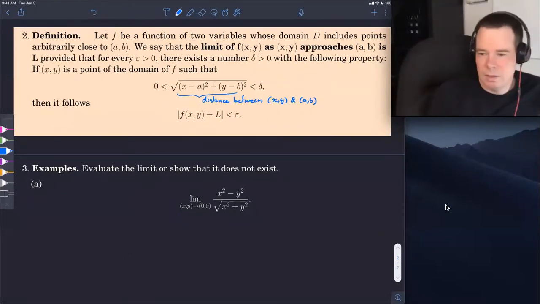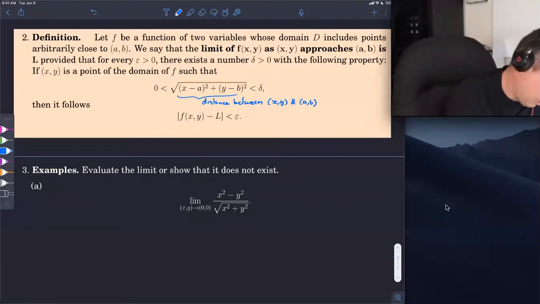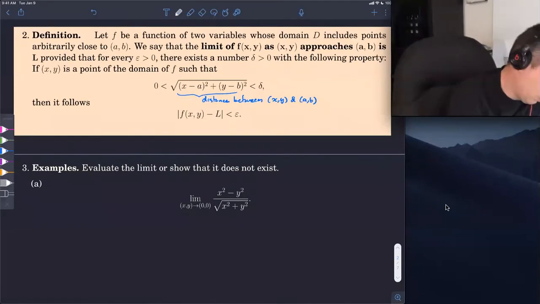So if the distance between the point we're looking at in the input and (a, b) is less than delta, then our function value that comes out is within epsilon from what we're calling the limiting value L. Okay, so this definition really comes along with a picture, and here's what the picture looks like.